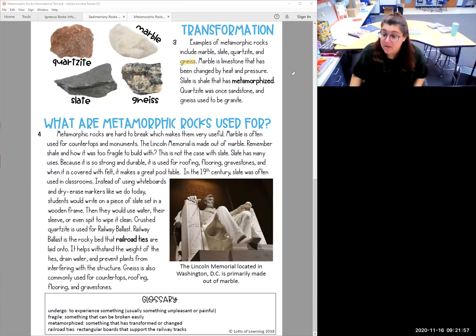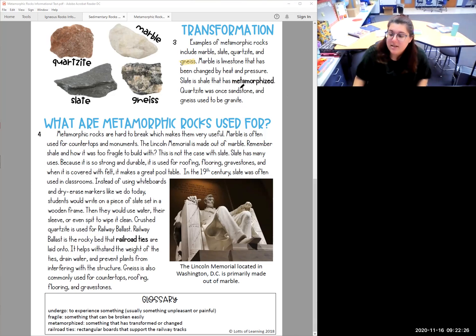Marble is limestone that has been changed by heat and pressure. Slate is shale that has metamorphized. Metamorphized. I disagree with their use of that word, but we'll go with it.